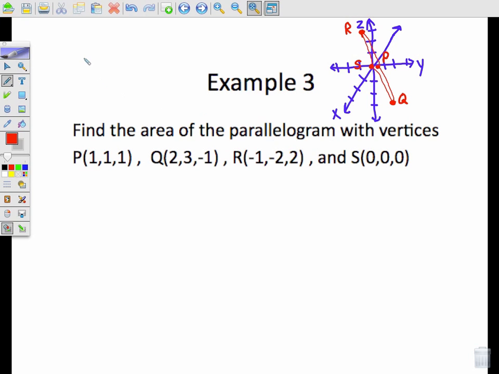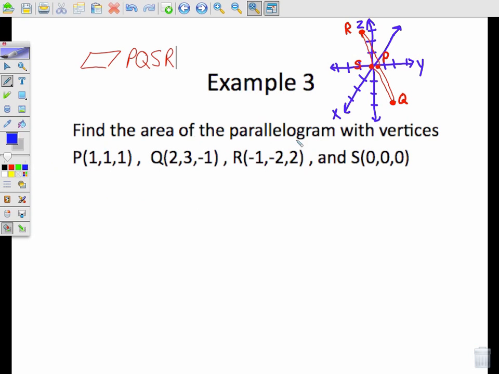But the main thing is that the order of the points would have to be, I'm going to start with P. So P, Q, S, R, not in the order that they're listed here. So P, Q, S, R is my parallelogram.